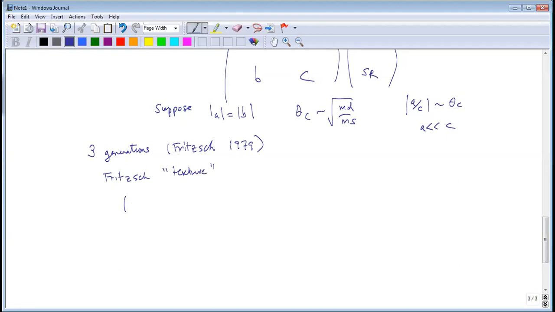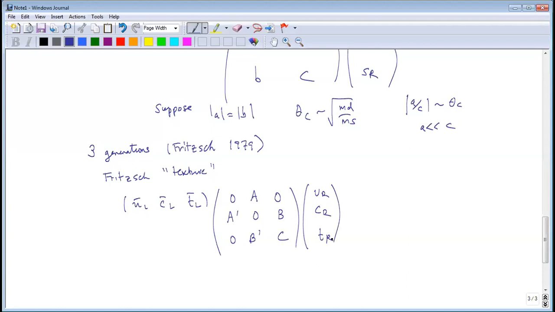So I'll write for the ups, and now I'm being lazy again about the notation. There really should be zeros on all these because we're not in the diagonal mass basis yet, but presumably you know what I mean. So we have 0 A 0, A prime 0 B, 0 B prime C, and then here are the right-handed ones.